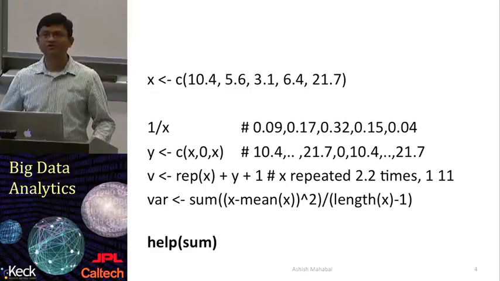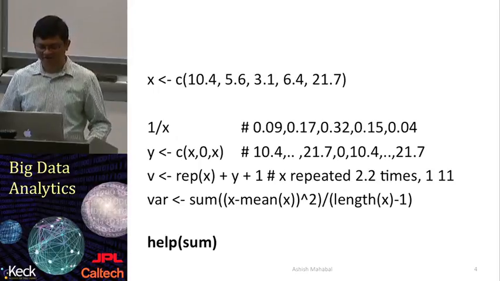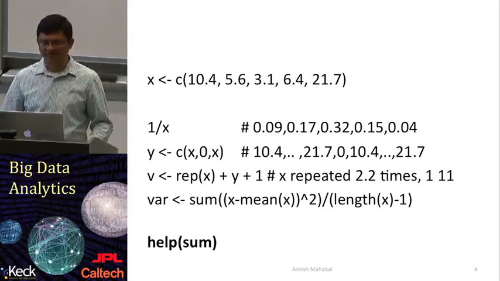Similarly, you can use the function repeat. And now I'm trying to assign to v a combination of things here. I'm saying that repeat x and add to that y and add to that 1. So 1, of course, is an atom, and y is something that has 11 values, whereas x has 5 values.